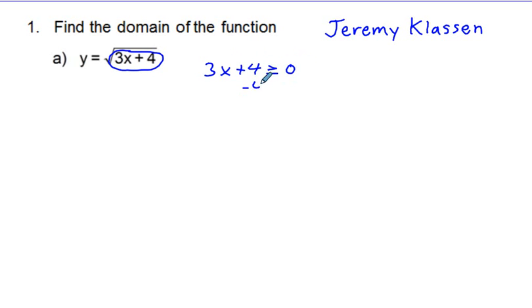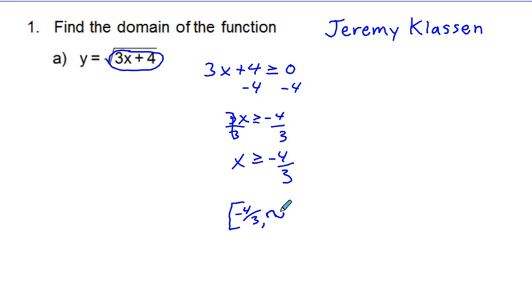If we solve this inequality, 3x is greater than or equal to negative 4, and x is greater than or equal to negative 4/3. In interval notation, we write this as bracket negative 4/3, comma, infinity. And that's one way we could look at it.